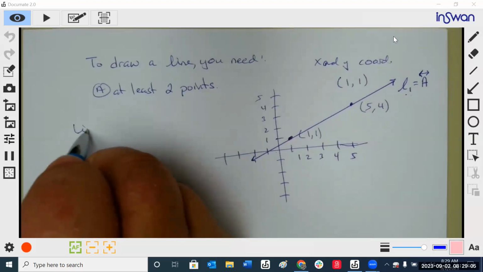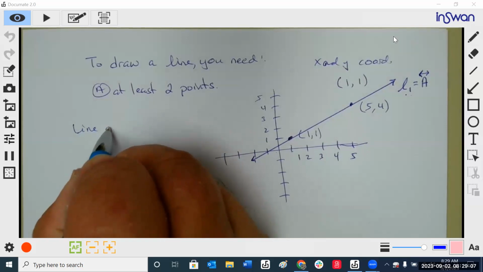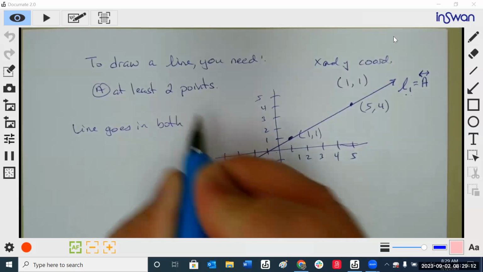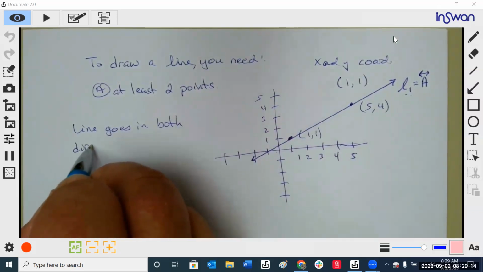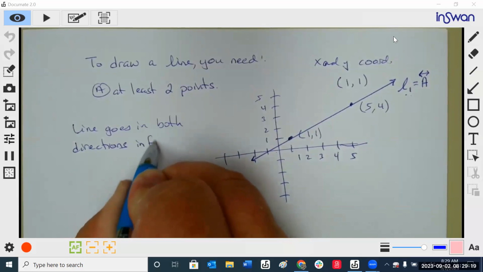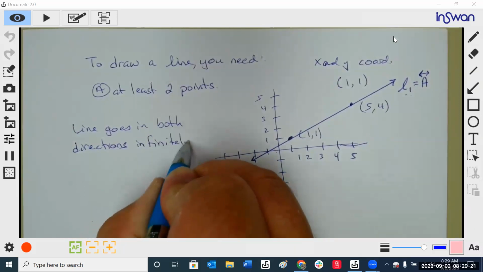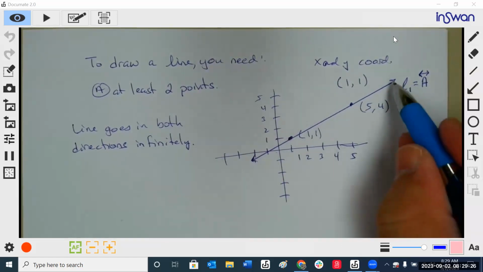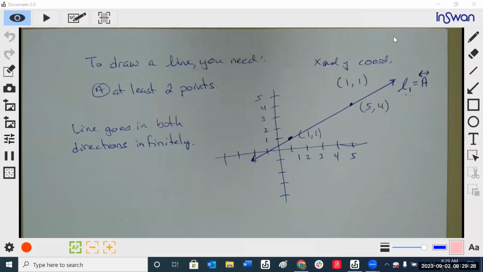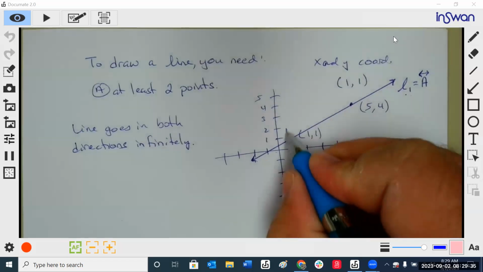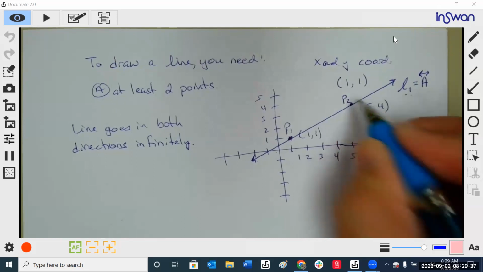So a line goes in both directions infinitely. That's why I put arrows at the end of it. So this is point 1, this is point 2.